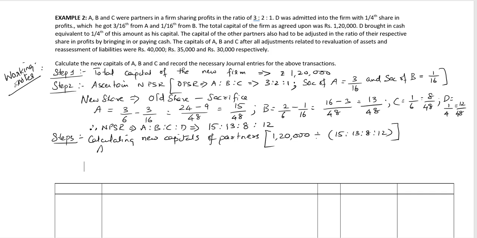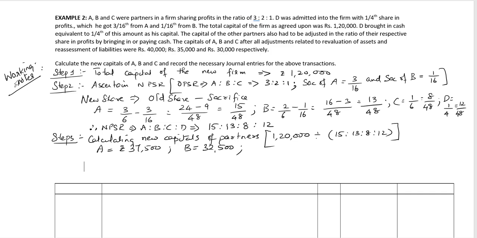So we get that in the case of A, the new capital is 37,500 rupees. In the case of B, 32,500 rupees.